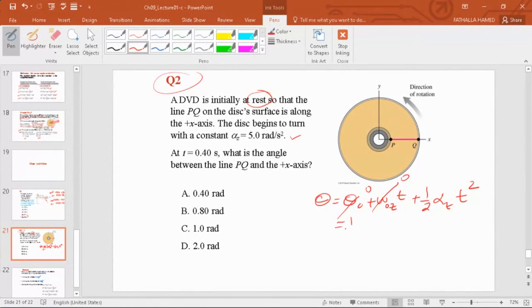So this will equal 1/2 times your alpha, which is 5, and your t is equal to 0.4 squared. 0.4 squared will give you 0.16, and 5 times 0.16 will give you 0.8, and half of that gives you 0.4 rad.